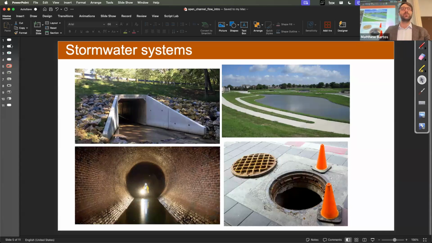So typically when you go to work at an engineering firm, one of the first things they're going to put you on is design of drainage systems. So drainage from, for instance, if you're working on a housing development, you may need to figure out the drainage from the housing development and what systems are needed to accommodate that drainage. So it's a very common type of engineering problem that you will encounter at some point during your career.